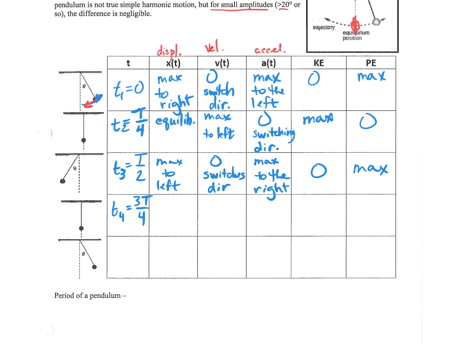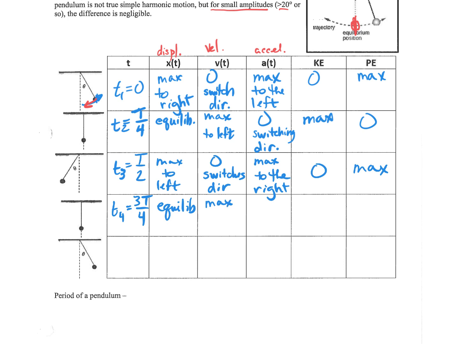All right. What position is it in now? Look at the little picture. What position is it in here? Equilibrium. What's its velocity at equilibrium? It's maxed. Now, is it maxed to the left this time?